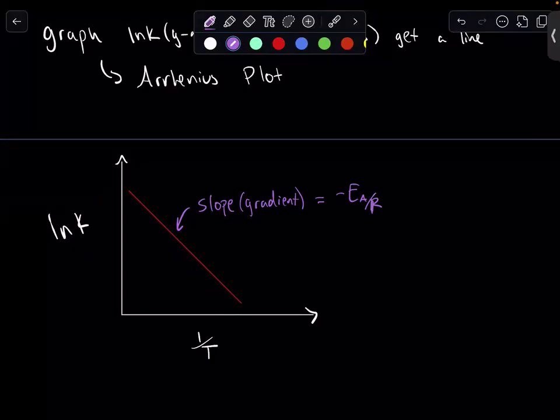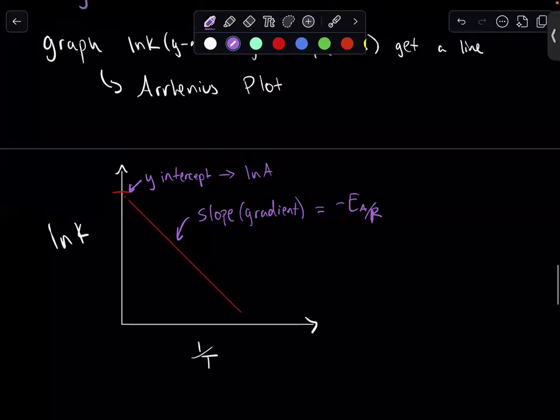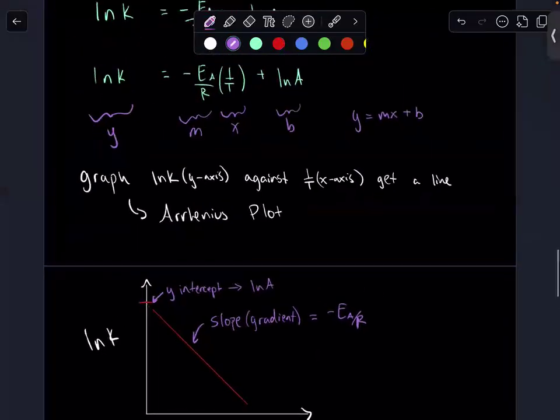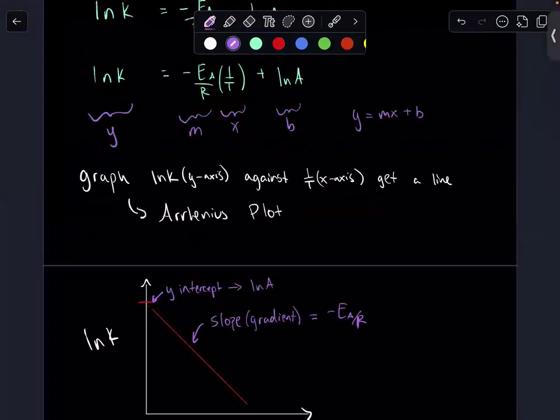If we extrapolate our line a little bit to get our y-intercept, that y-intercept is now just ln of A. This is what we can figure out by taking the natural log of k and setting it equal to our equation.